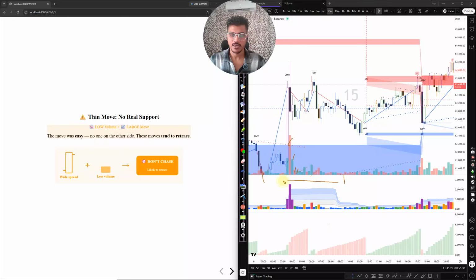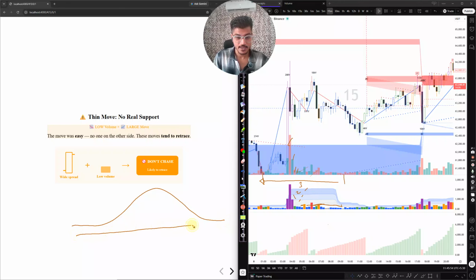What we will do is take the average of 20 volume and plot it here. So this line is the average of the last 20 volume that came, and what you see here is the standard deviation of that. So first, second, third. In statistics we learn this is what we call the mean.